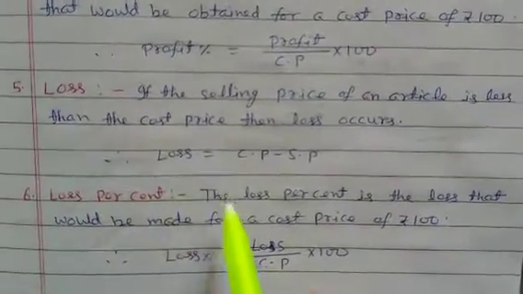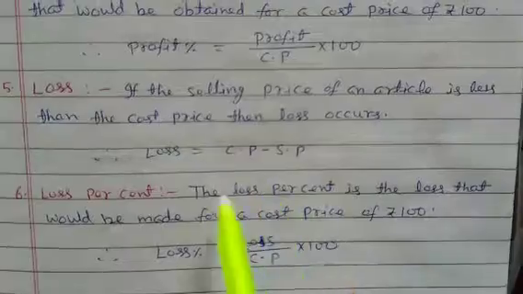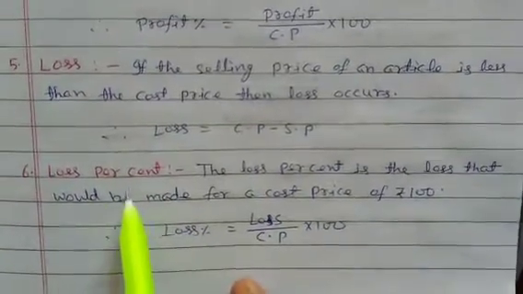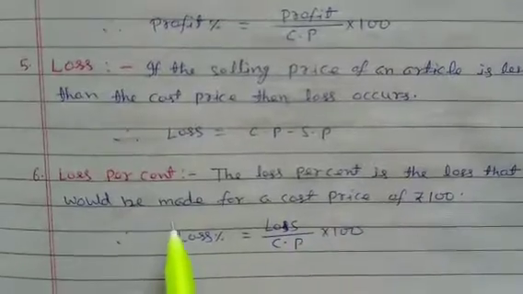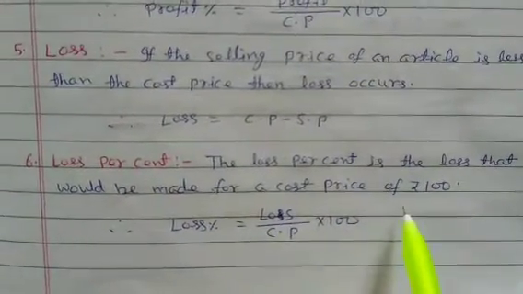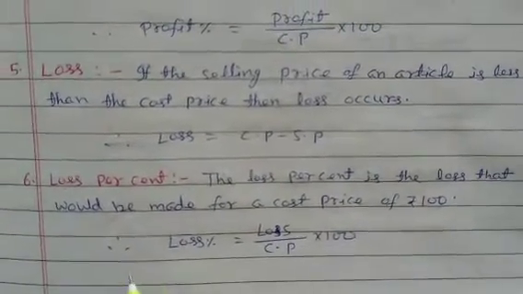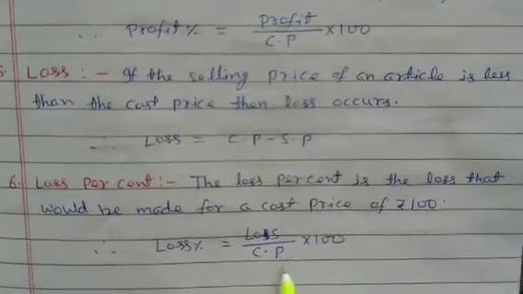So, loss is equal to CP minus SP. Next, loss percent. The loss percent is the loss that would be made for a cost price of rupees 100. So, loss percent is equal to loss by CP into 100.